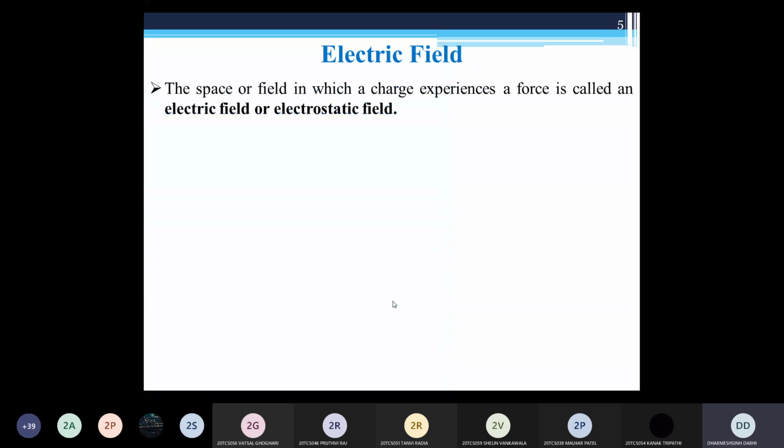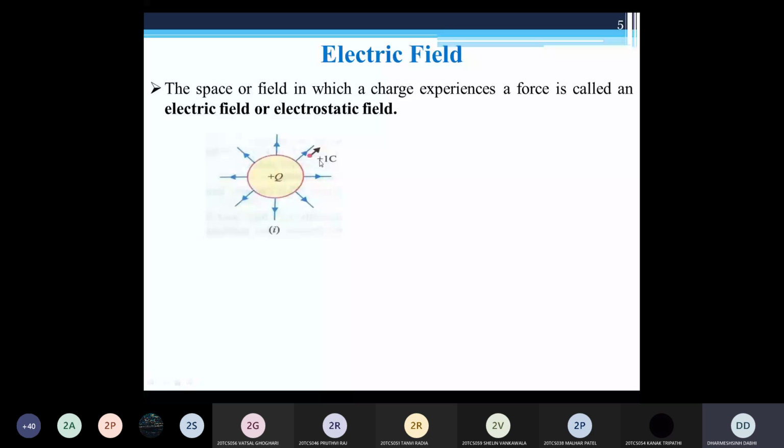So next term, electric field. What is called an electric field? The definition is that a space or region in which a charge experiences a force is called an electric field, or also an electrostatic field. Suppose here you can see one sphere of positive charge, and near it one unit positive charge, 1 coulomb, is placed.